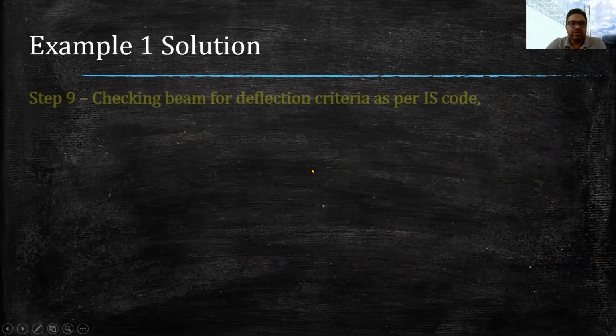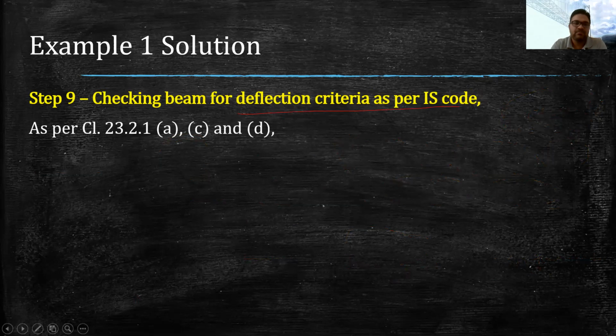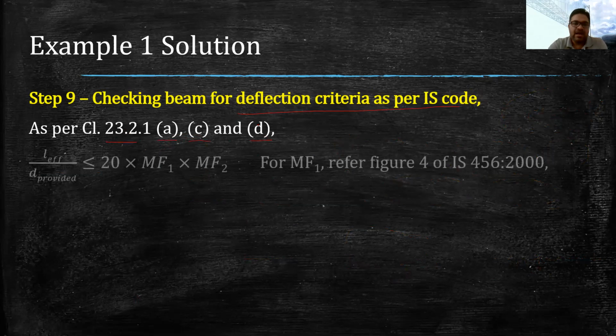Now moving to the next step, which is checking the beam for deflection criteria. For the deflection criteria, we will use this clause and points A, C, D. For the beam to be safe in the deflection criteria, we need to satisfy this equation.